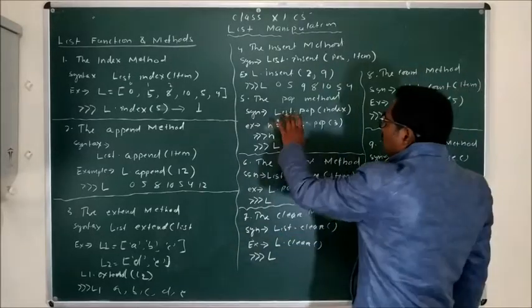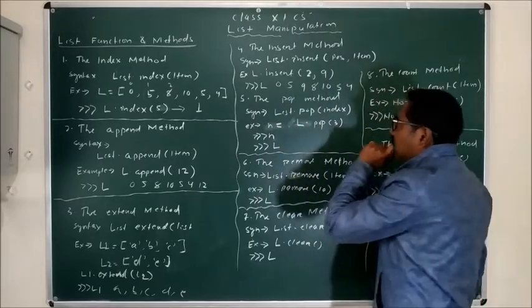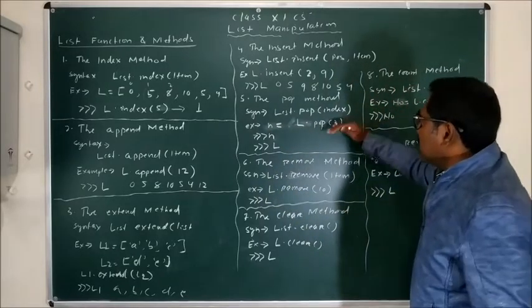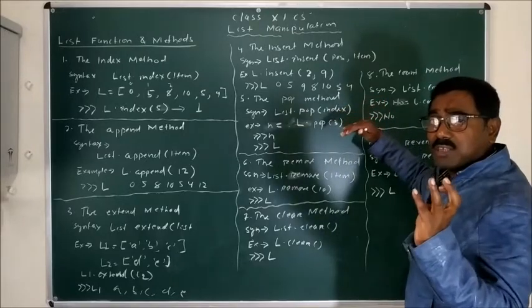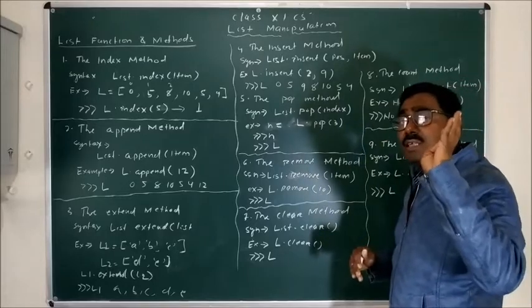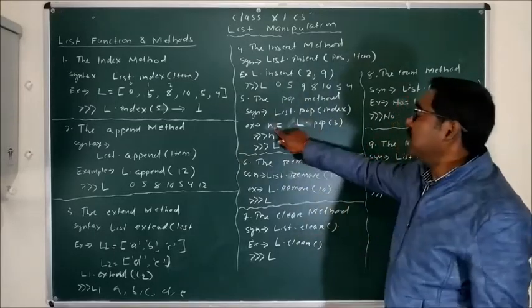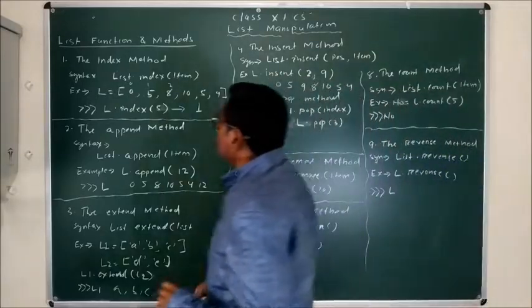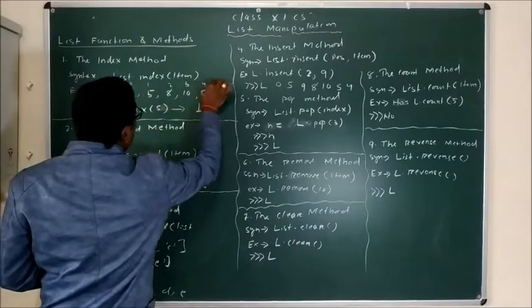So when this command is executed, n = L.pop(3), then what happened? The 3rd item, in fact it will be the 4th, because starting from 0, 0, 1, 2 and 3. So this is the 4th item that will be removed from the list and stored in the variable n. So in this particular case, 0, 1, 2, 3, 4 and 5.